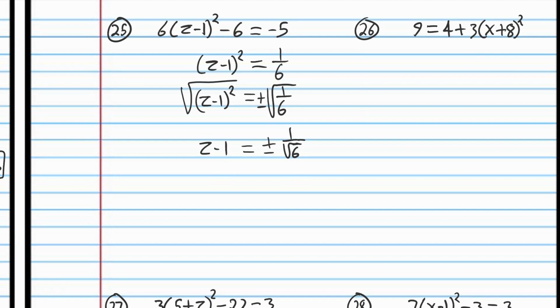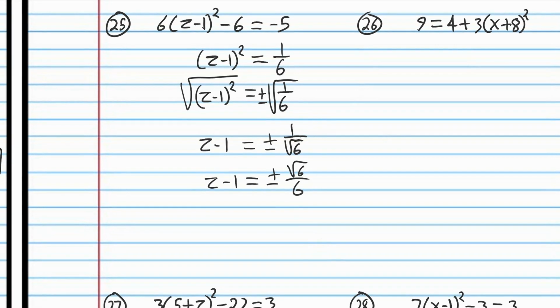Then I have to rationalize the denominator by multiplying both sides by square root 6, and I get square root 6 over 6. And then I have to add 1. So I showed a few steps there when it came to rationalizing the denominator, but I didn't show every step because, again, you've already done all that in one of my previous classes, where we learned how to simplify expressions with square roots.